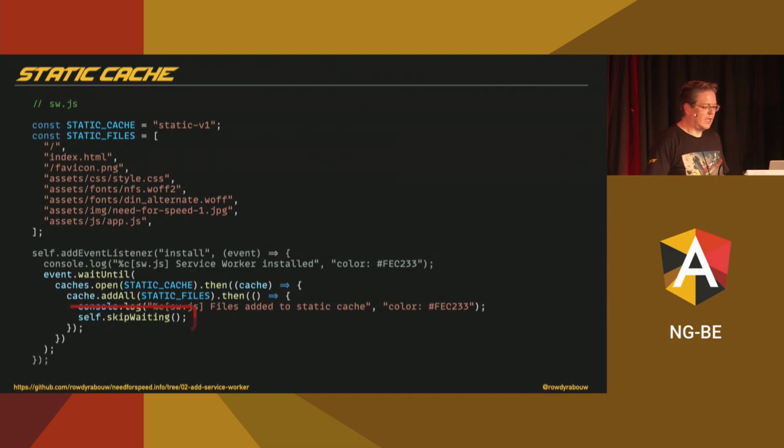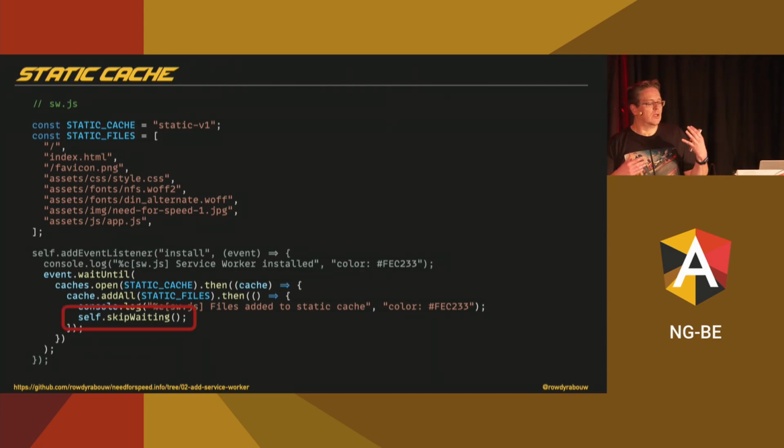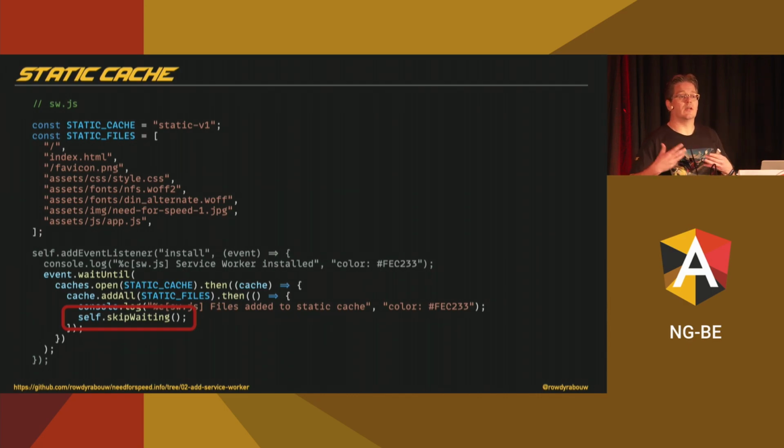And I set self.skipWaiting here, because usually if you create a new service worker, either the user needs to come back a second time to the website, or has to hit refresh to be able to get the most benefit out of the service worker. So if you do this, it's already available for the user to be used.